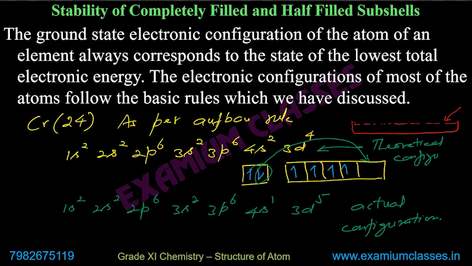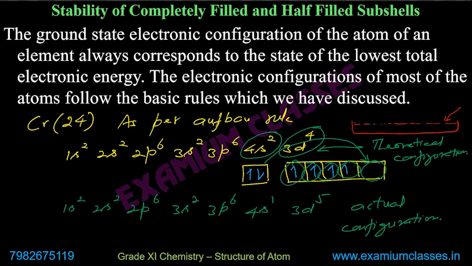Sir, can you please explain the orbitals that you have shown here? Like there's a single box, then there's 5 other boxes. Come again, I couldn't understand your question. Sir, you have made one square box and another rectangular box with 5 boxes in it. Because the first represents S. The s subshell has only one orbital, with two s electrons. The d subshell has 5 orbitals, so that's why 1, 2, 3, 4, 5 orbitals.